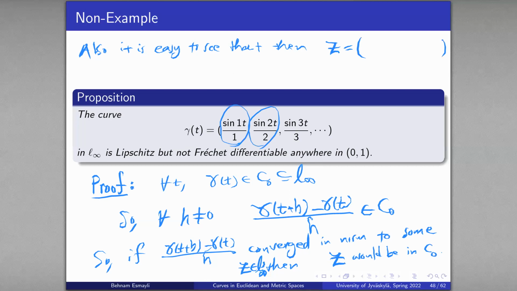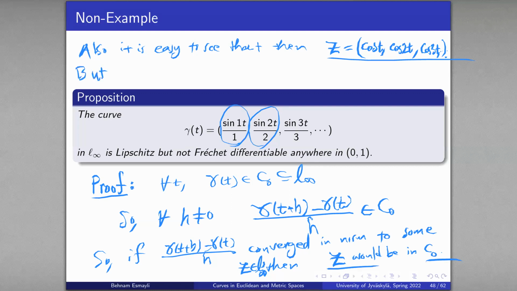So this will give you cosine of t. This will give you cosine of 2t, because every time the 2 and 3 comes out and cancels the denominator, this will be cosine of 3t, and so on. Then z would have to be this. So on the one hand, z is this. On the other hand, z belongs to C0.